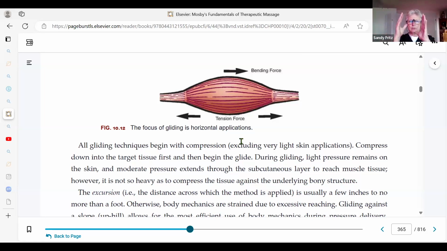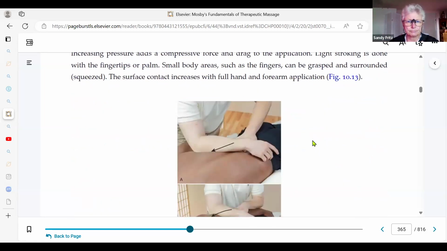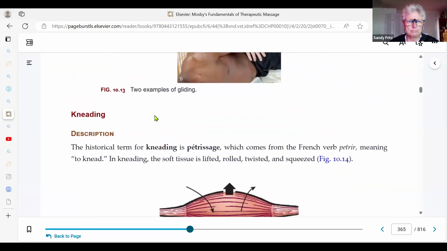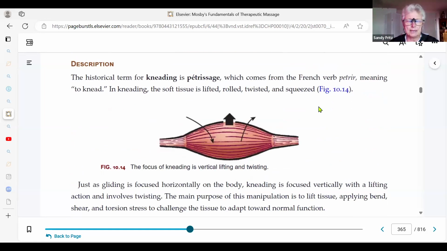You're better off doing a series of short glides, and so your excursion is only maybe this long. But you would move your feet and you would connect those into the sensation of a long stroke. So here's some examples.